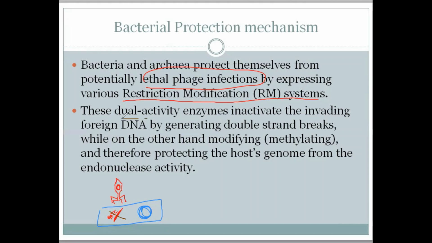Now, this is the first thing. See, here it is written dual activity. So we just learned about the first thing, that is, it is inactivating the foreign DNA by generating double-stranded breaks. Now the question arises, what if the same recognition site is present in the host cell, the host DNA? Why is it not cleaving its own DNA? It's not cleaving its own DNA because it is methylating it. And when I say it's methylating the DNA, that means it does not allow the restriction enzymes to act upon it.